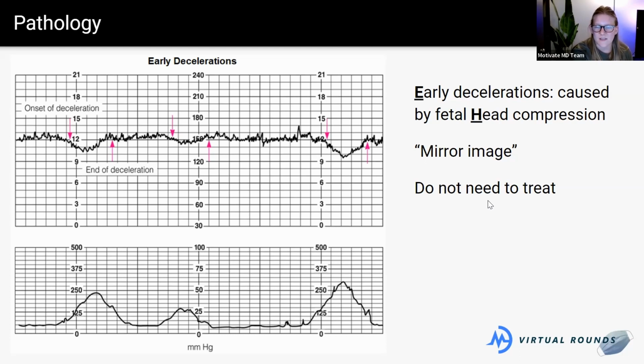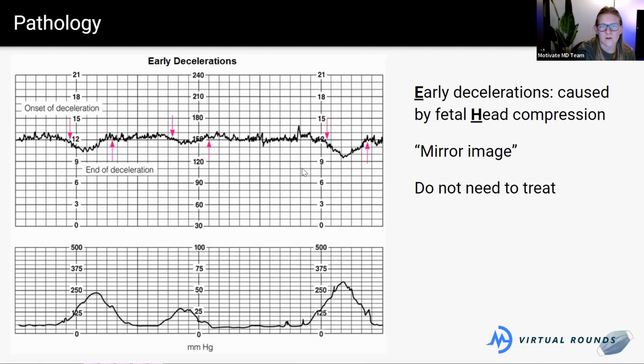The second letters, E and H, early decelerations, which is that mirrored image that we talked about. That's going to go with fetal head compression. And contrary to what it seems like, you don't actually need to treat these. I'm going to be honest, I don't really know why it produces this and why we care about it if you don't even need to treat it.